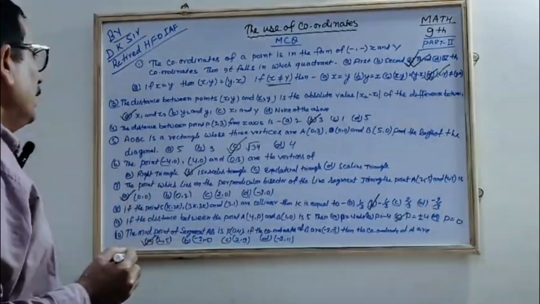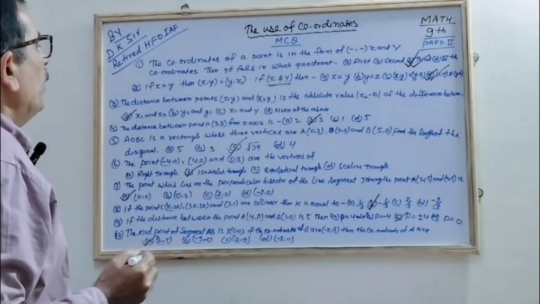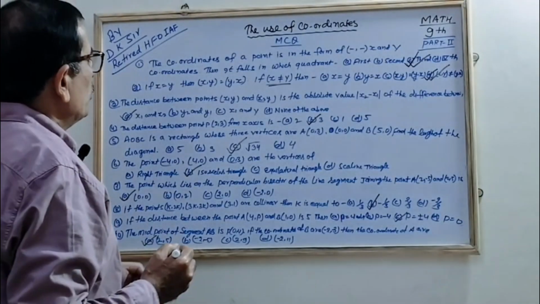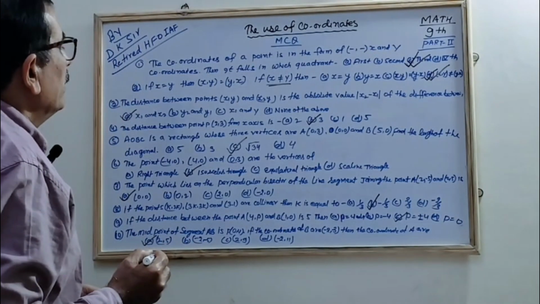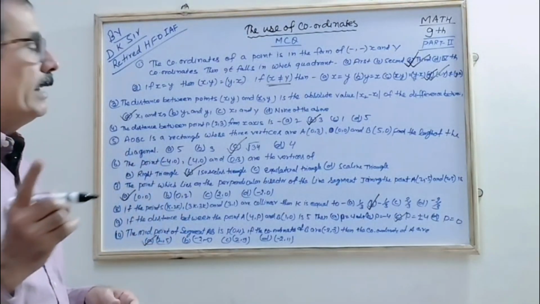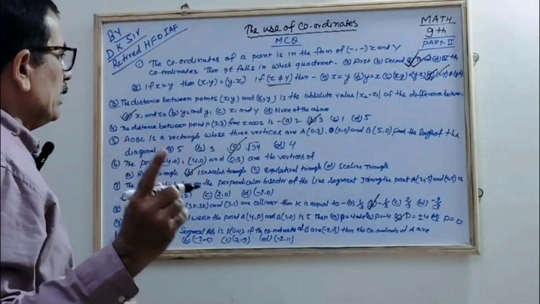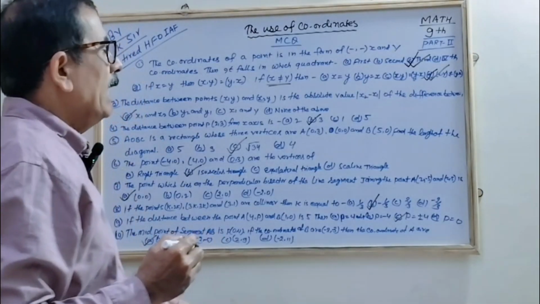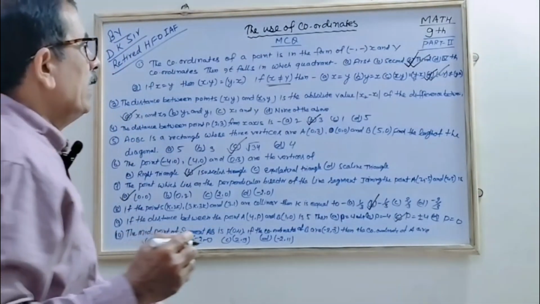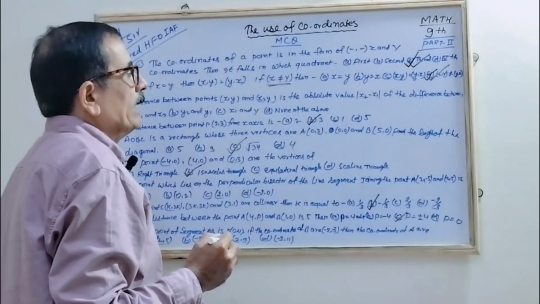The third is the distance between the points (x1, y) and (x2, y). So what will happen? There are two coordinates, (x1, y) and (x2, y), and the distance is the absolute value of x2 minus x1.